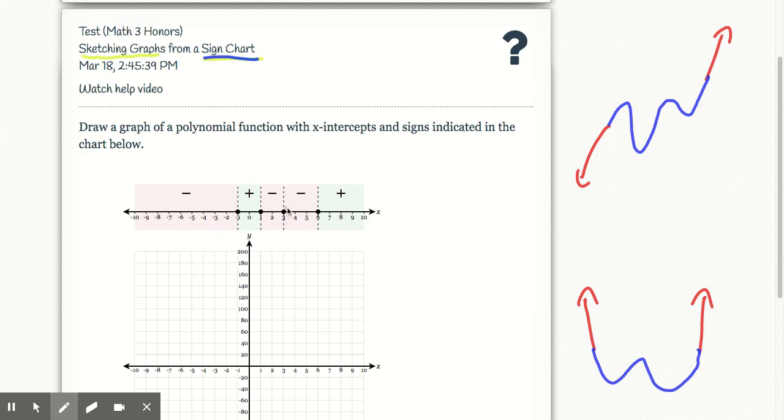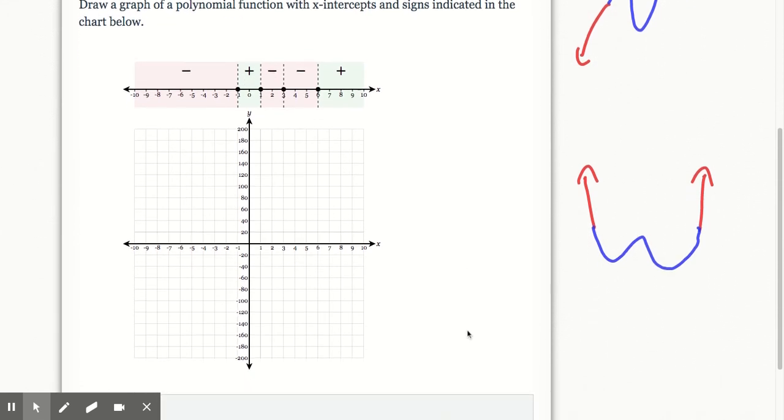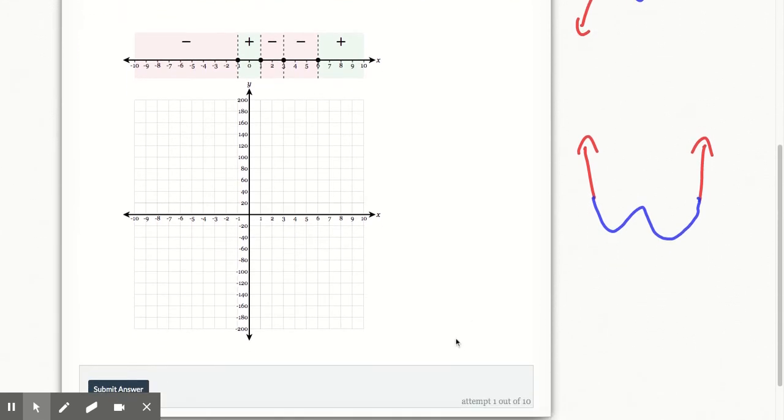And really, all that a sign chart is, it's a way of describing the behavior of the function in the simplest possible terms in reference to the x-intercepts of the function. Okay? So in other words, if we know the x-intercepts of the function, we know the only places where that function is going to cross the x-axis.